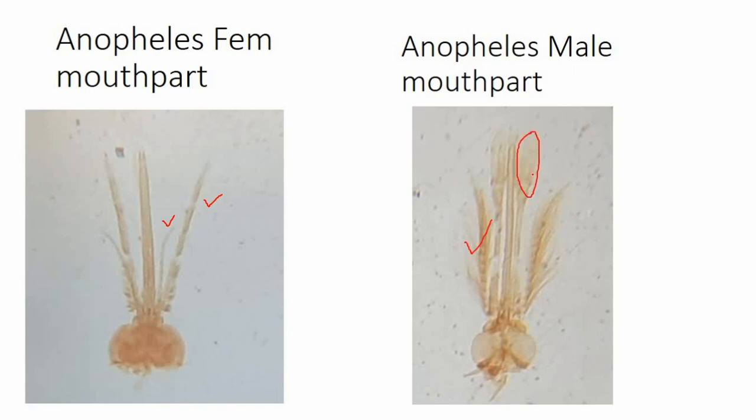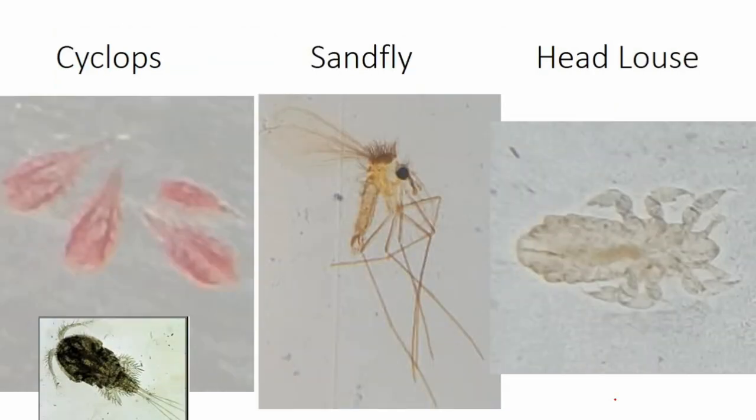So when the palpi is club shaped and the antenna bushy, you can call it an Anopheles male. When the antenna is not bushy and the palpi is big, usually the size will be till here, then you can call it an Anopheles female. That's how we can identify the Anopheles mouth parts.